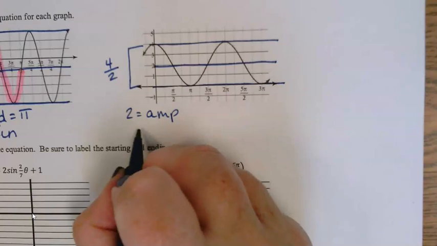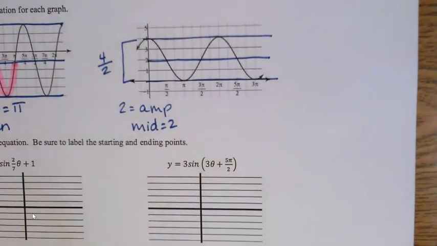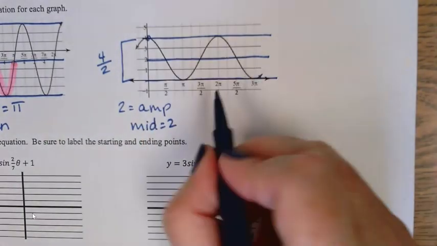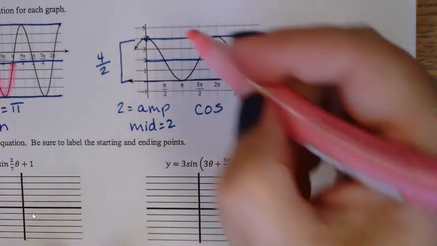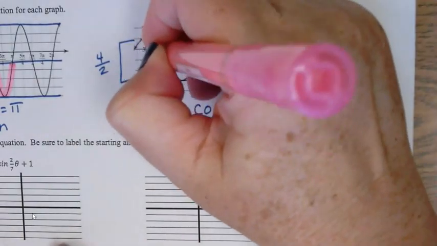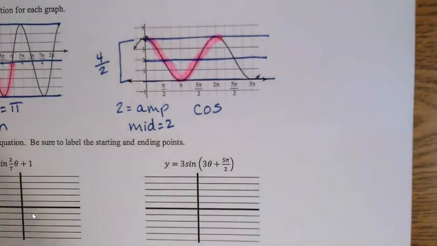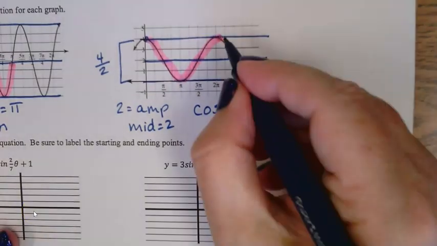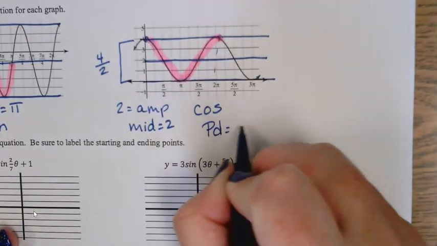So it looks like midline is 2. It starts here at a high point, so we know it's cosine. So we know we're going to do a fancy U. So here my period is, we're going to go down. So my period here is 2 pi.